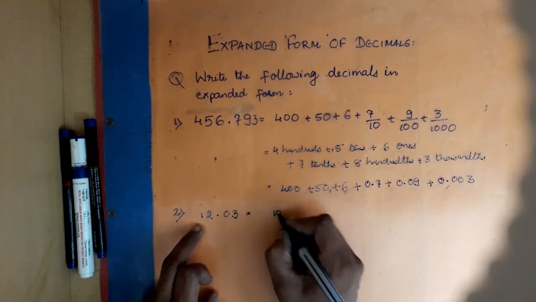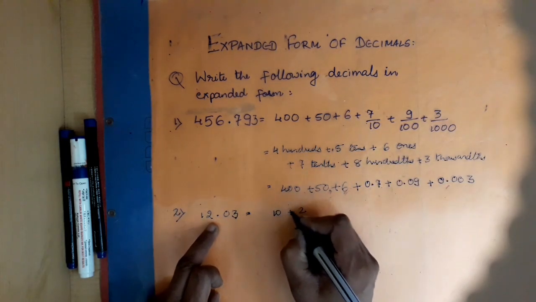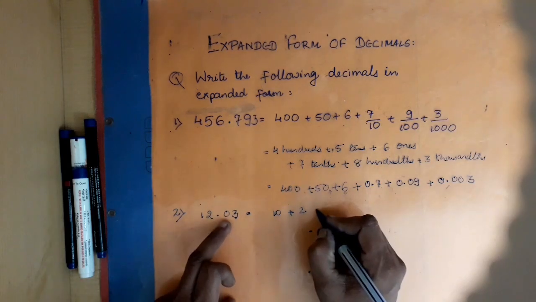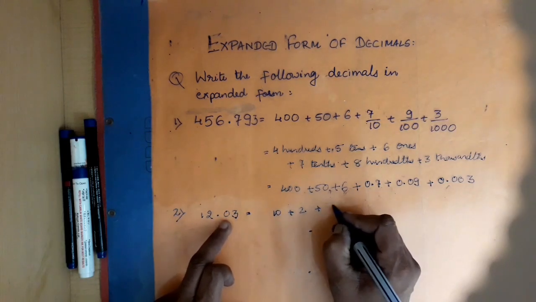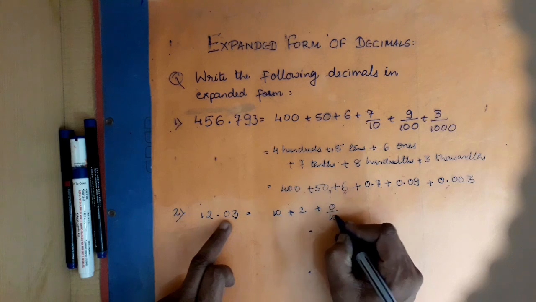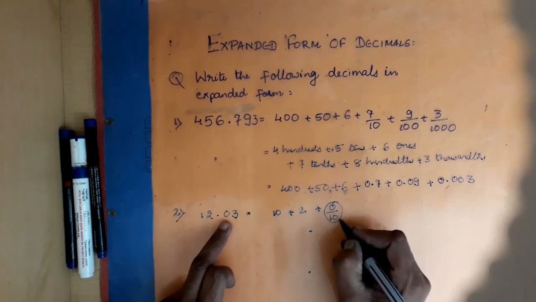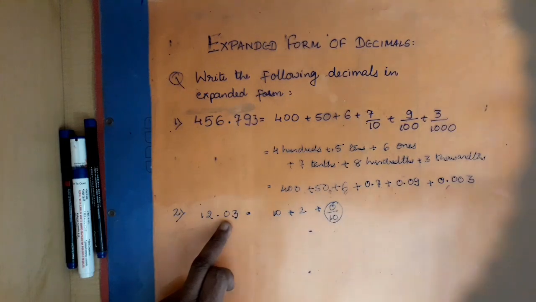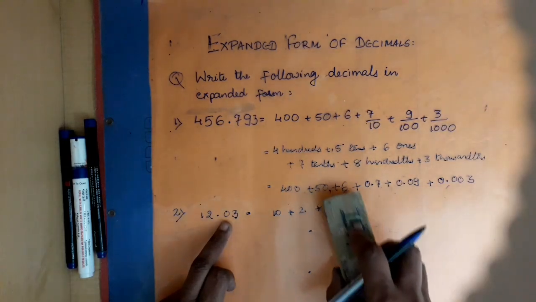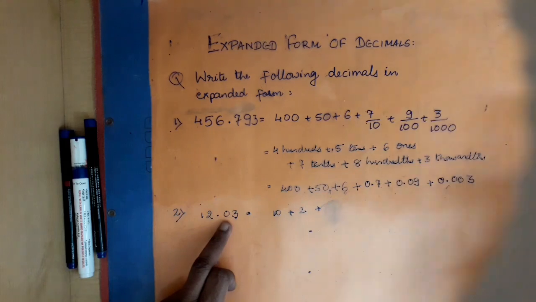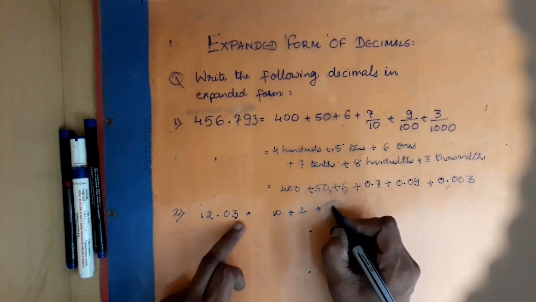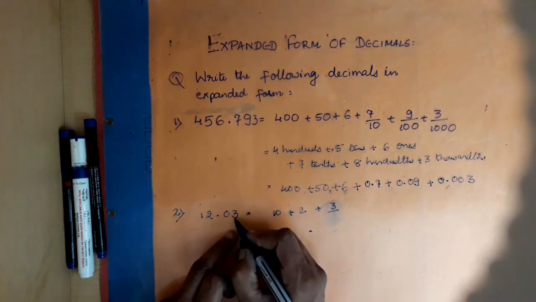So first of all, we will write in this way. So this is 10 plus 2. Now 0, even if you write it as 0 upon 10, it doesn't have any value, right? That is, the value of this place will be 0. So no need to write this one. You can simply go with the next number, that is, your 3 is in the hundredths place.